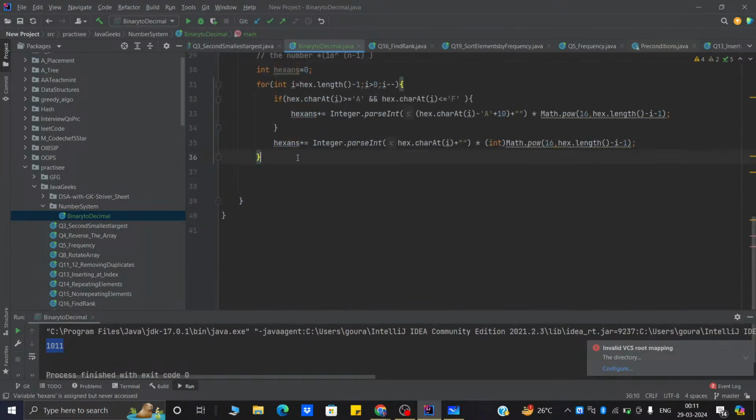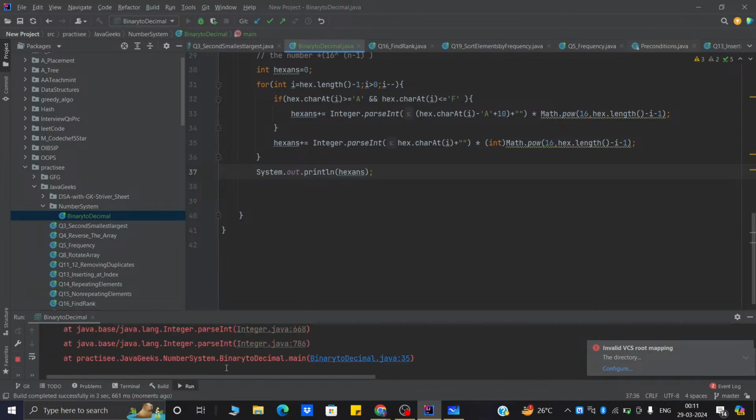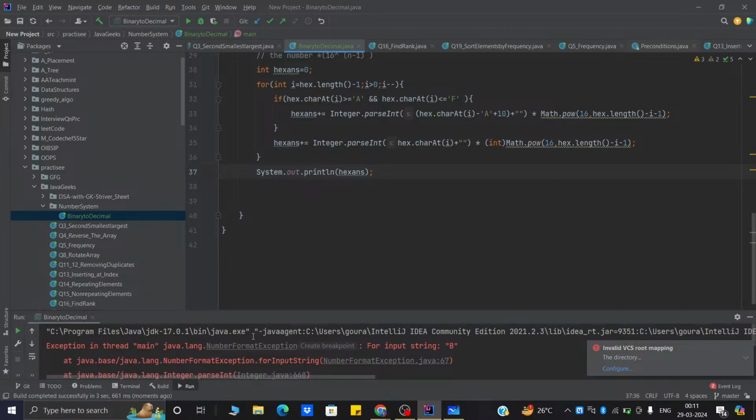Okay. So now print x answer. Come on, bro, please. I am waiting for the error. What is string input B? Where is the error?